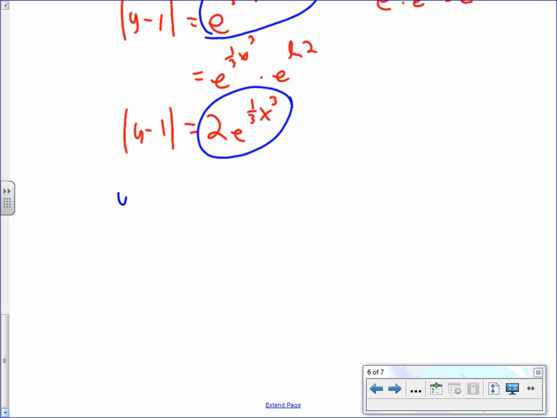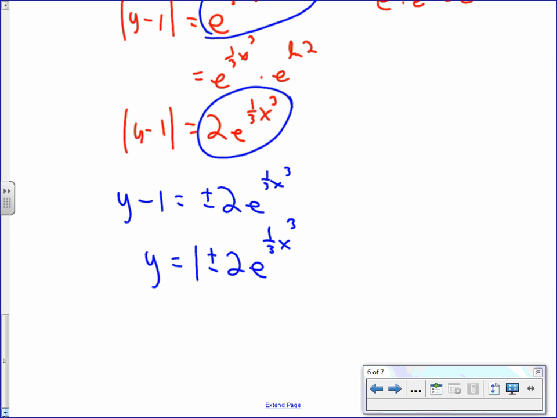So this is going to become y minus 1 equals plus or minus 2e to the 1/3 x cubed. And then you add 1 to both sides. You can put the plus or minus on the left side or the right side. It doesn't make any difference. I've always just put it on the right side, but it doesn't matter.